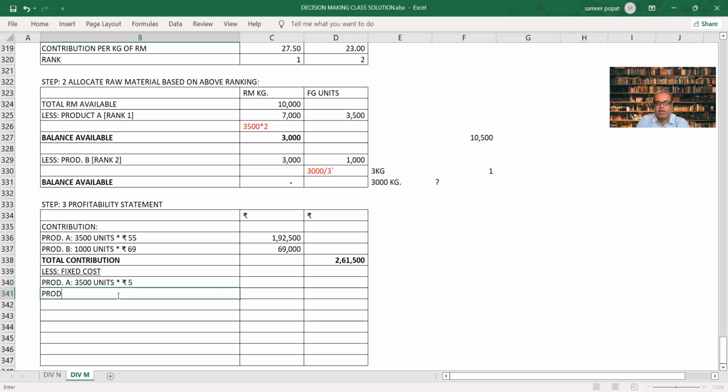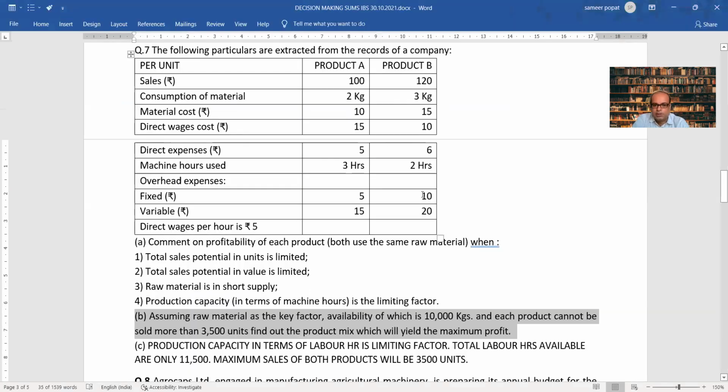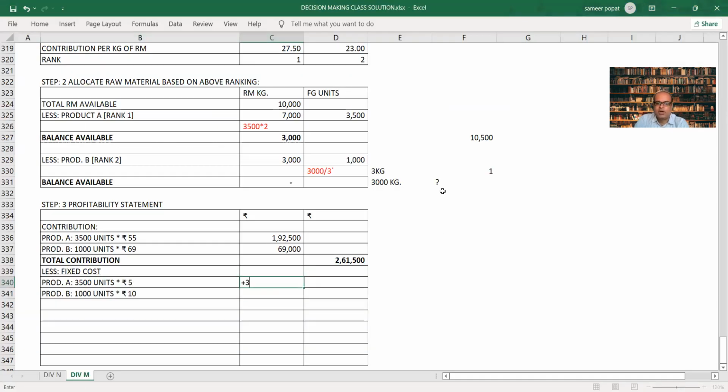For product B, 1,000 units into rupees 10. So 3,500 into 5 and 1,000 into 10 will give us a total fixed cost of rupees 27,500. So the profit is contribution minus fixed cost, 2,34,000.